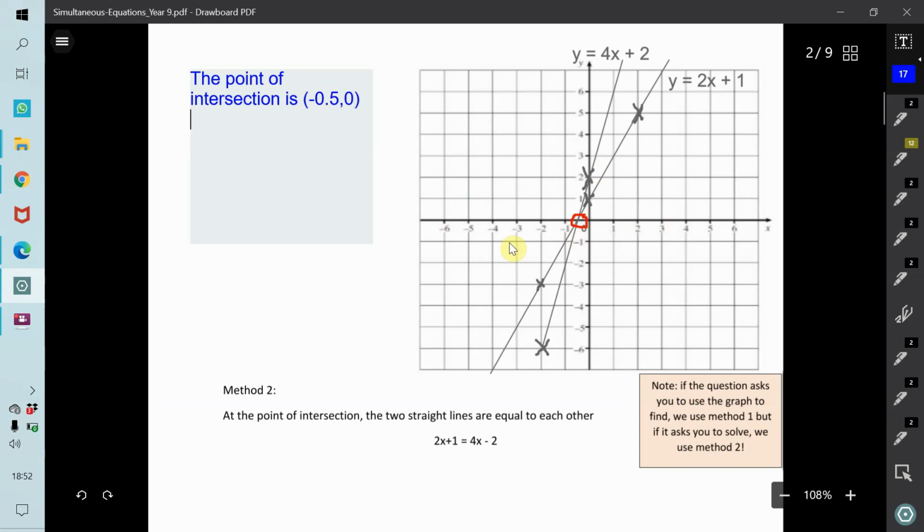So that means, therefore, my x value is minus 0.5 and my y value is 0. And that is me finding the values of your x and y.